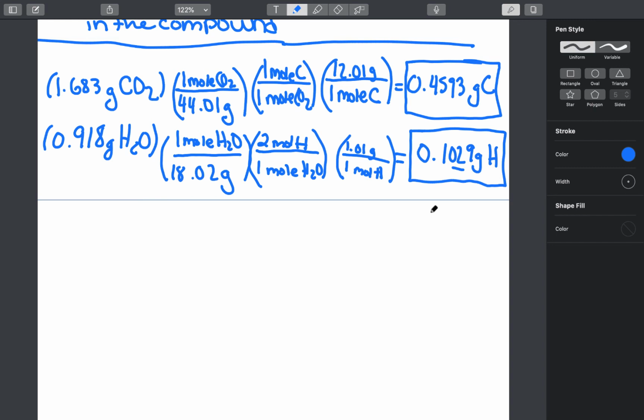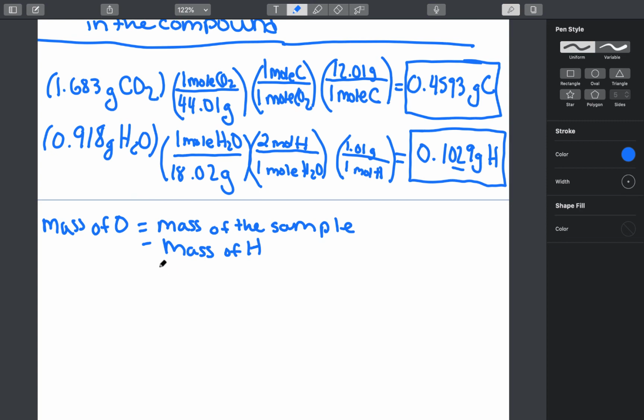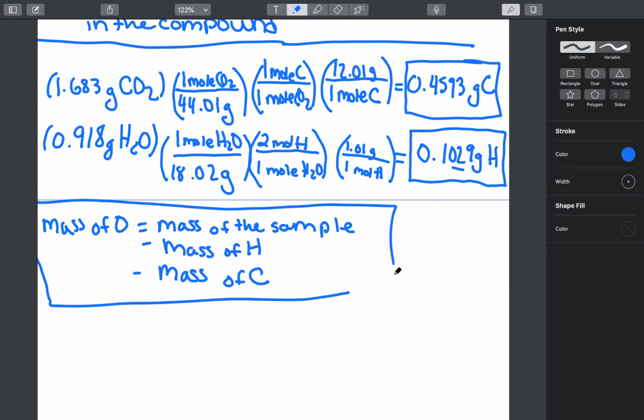The mass of oxygen is equal to the mass of the sample minus the mass of hydrogen minus the mass of carbon. And that is the equation you use.